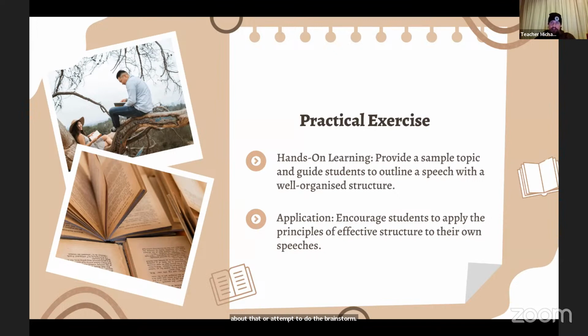I'm going to write our next point down. Okay, number 3.